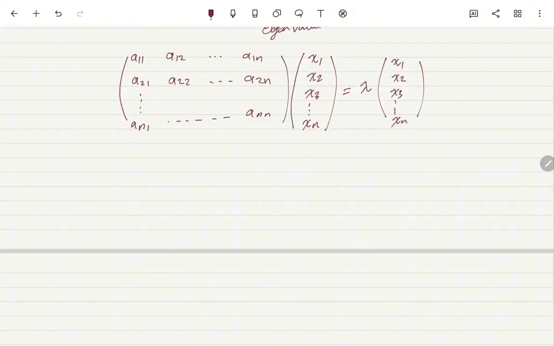And from this one here we get the set of homogeneous equations.